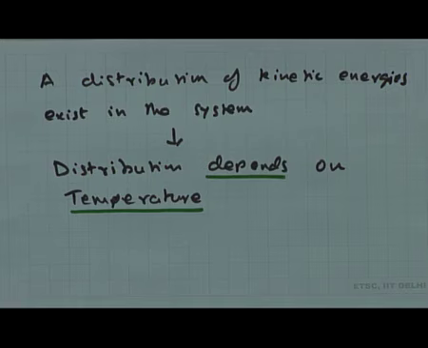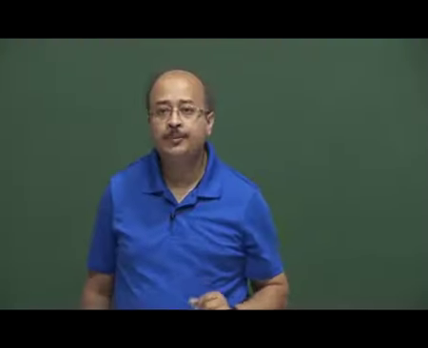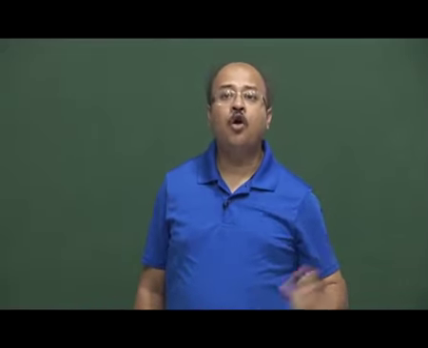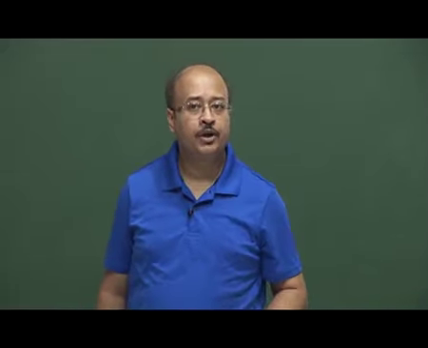Now this is obvious, right? First, let us not worry about the distribution. If I have a certain temperature, say 300 Kelvin, the kinetic energy say is E1. Now if I increase the temperature to 600 Kelvin, obviously the kinetic energy is going to increase, right?